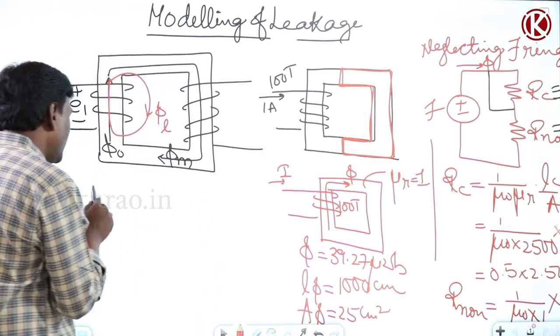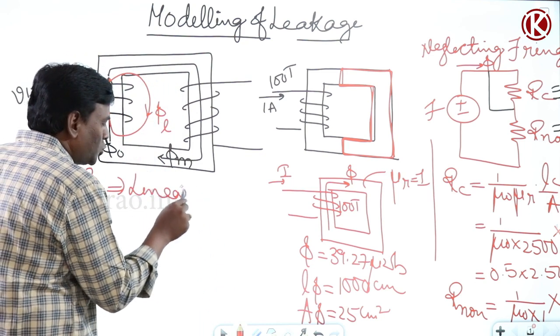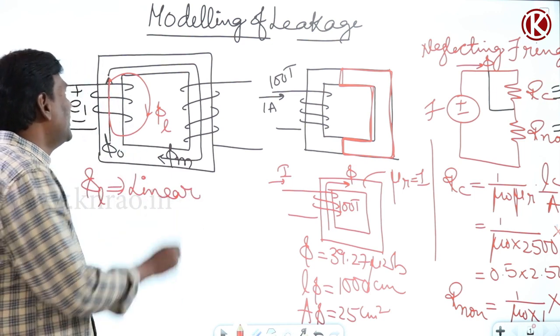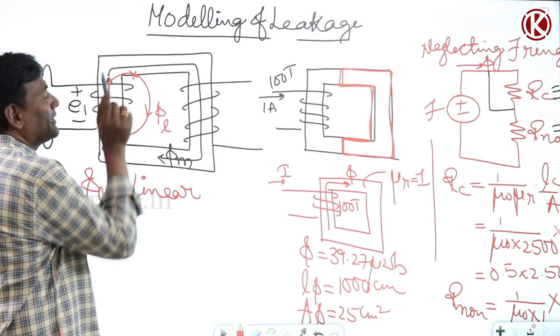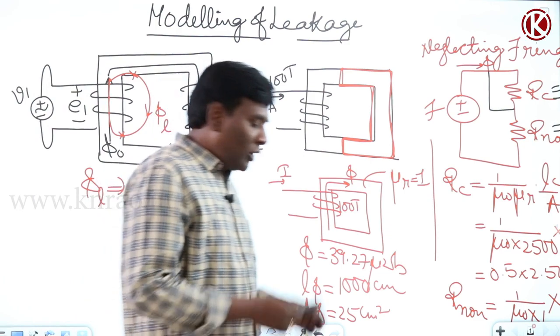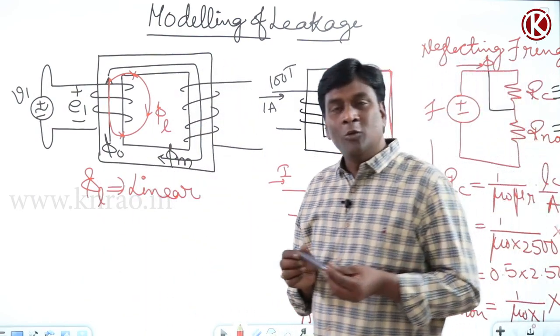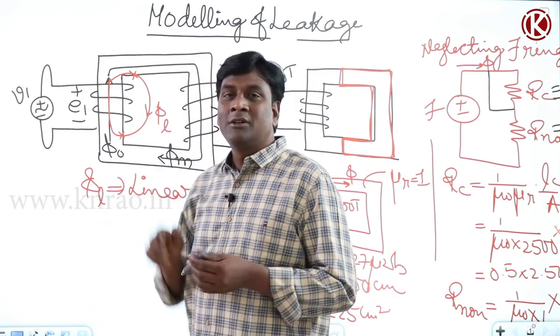So now I can say that leakage is linear, because linearity is dominating compared to the small non-linearity. So leakage can be assumed as flowing through a non-magnetic electrical insulator only. How much will be the hysteresis loss for leakage? Zero. How much is the eddy current loss for leakage? Zero, because it is going through transformer oil.